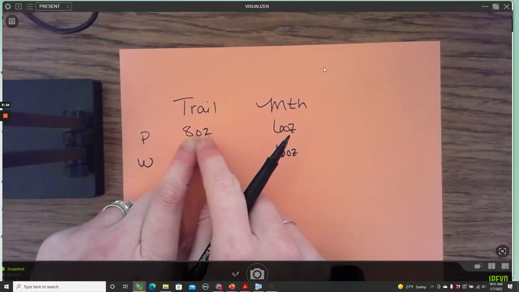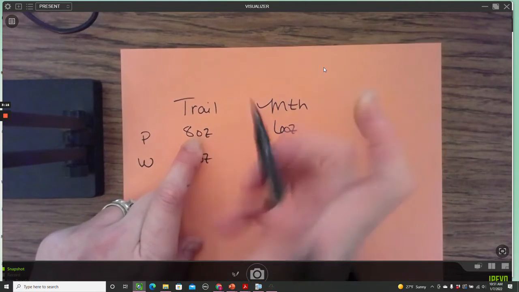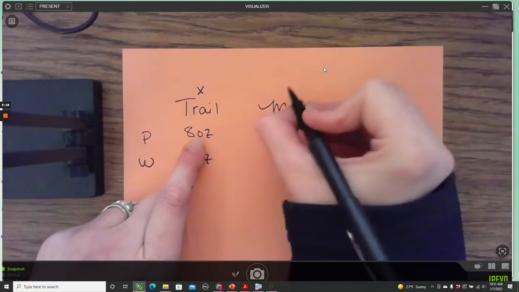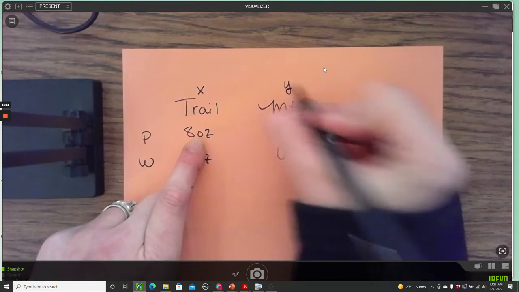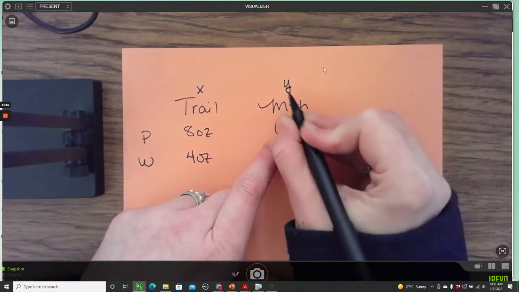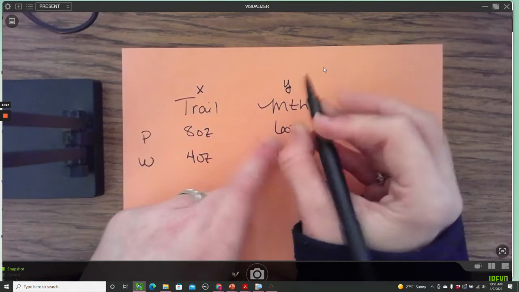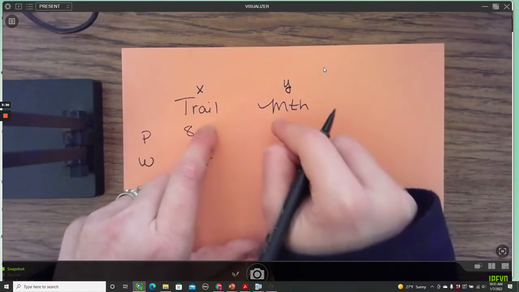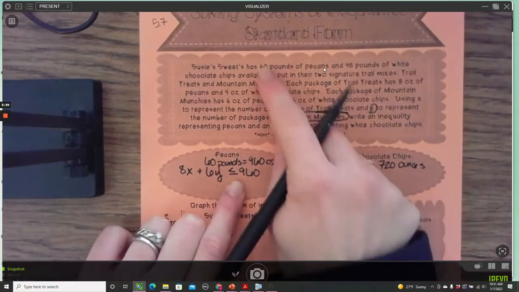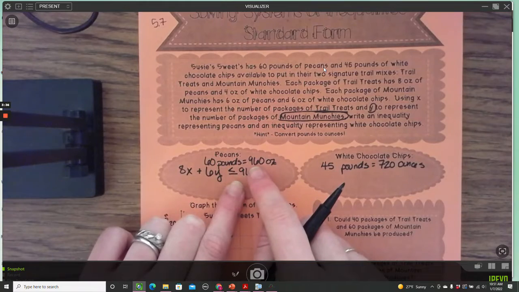I'm going to need 8 ounces, so I multiply the number of packages I make, which we don't know, that's X, times 8. For Mountain Munchies, that's our Y, and for each package I need 6 ounces, so 6 times the number of packages. When I add those two together, the total amount I use has got to be less than what I have, which we converted, the 960 ounces.